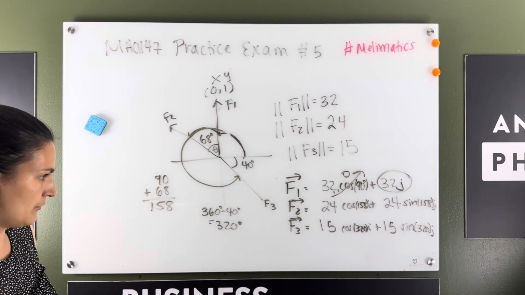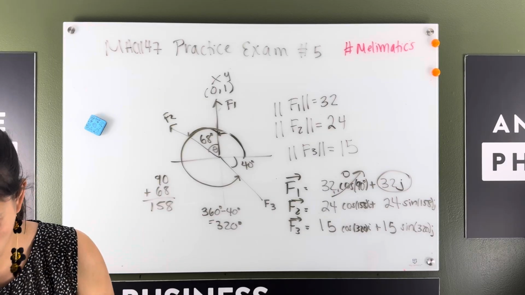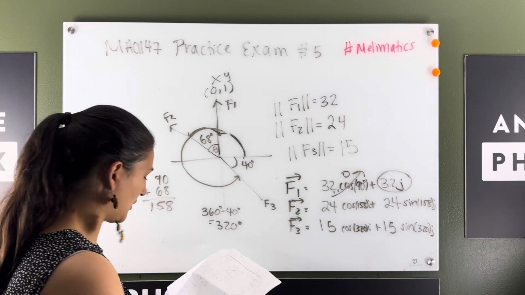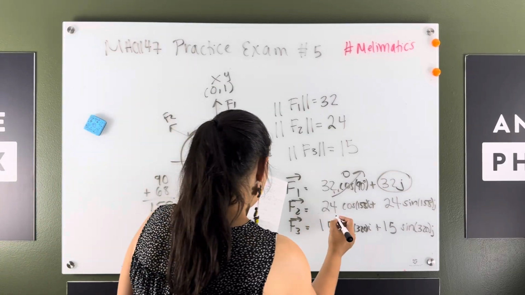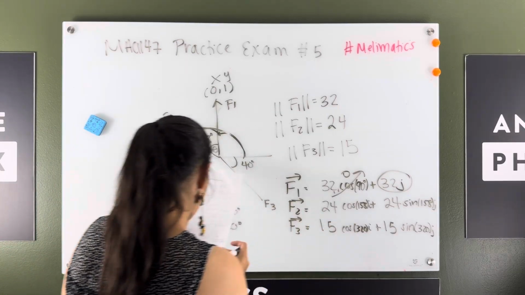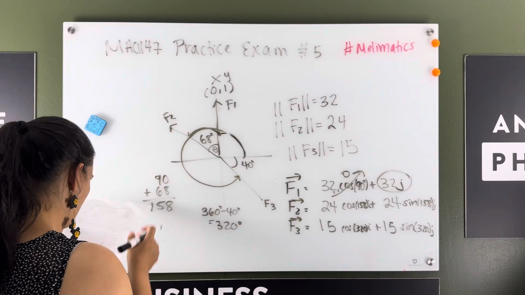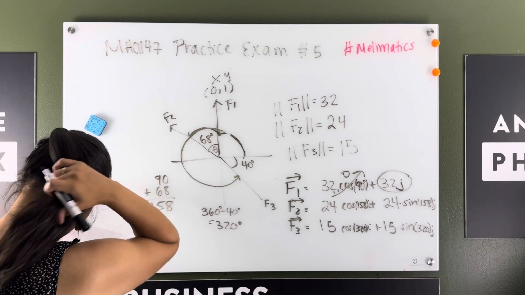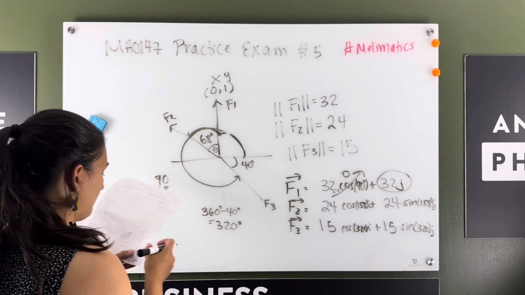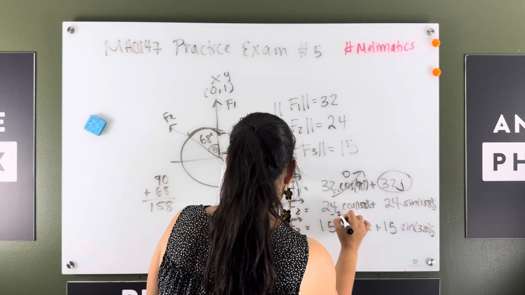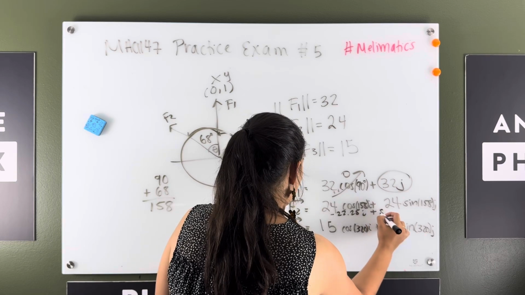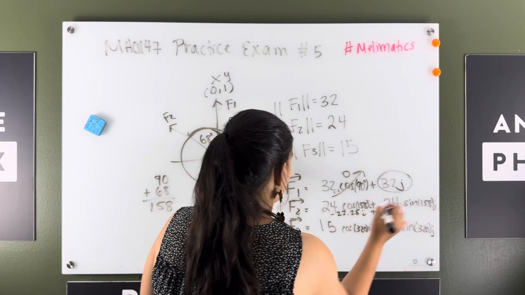For force 2 and force 3, you're going to have to plug into the calculator and get your answers. So I already did that for you. Okay, you could check your work. It's negative 22.25 i plus 8.99 j when you plug into the calculator.